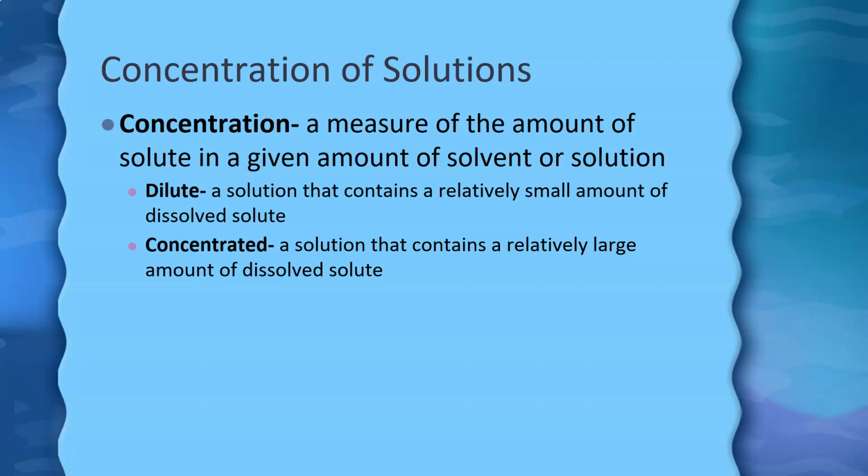A dilute solution would be one that has a relatively small amount of the dissolved solute, where a concentrated solution would have a relatively large amount of dissolved solute. One place you might have heard that terminology is at the grocery store, looking at fruit juice. If you go to the freezer section and you buy a little can of apple juice, you buy apple juice concentrate.